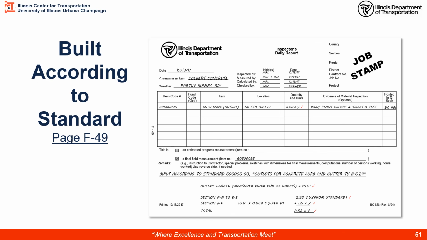So then you just need to simply add those together and come up with your total cubic yards. That becomes your quantity. For evidence of inspection, again, look in the project procedure guide or in the documentation guide for what you need for a concrete item. In this case, a daily plant report, a ticket, and an appropriate test.